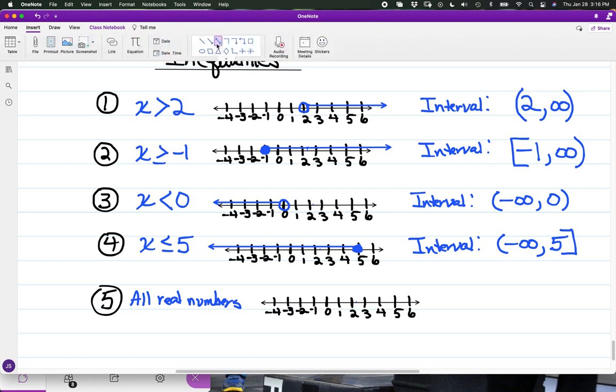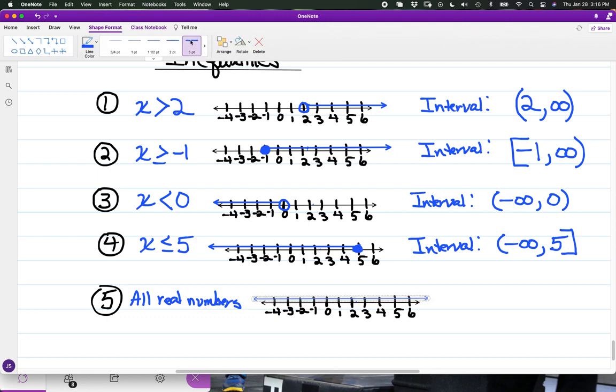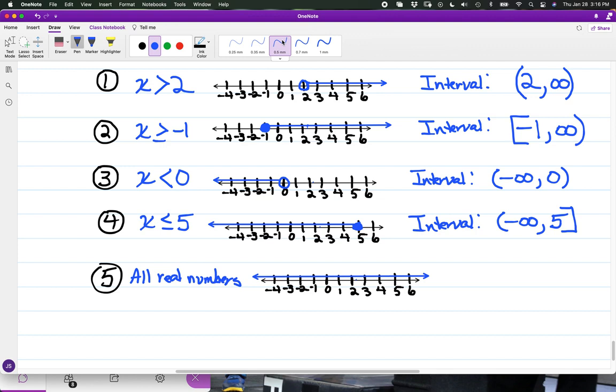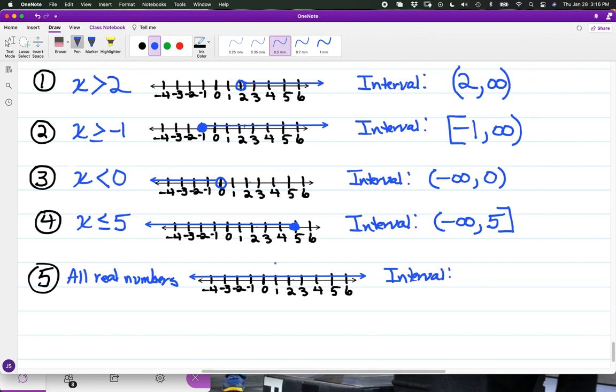You're looking at the irrational numbers, rational numbers, all the fractions, decimals, positives, and negatives, as well as zero. So everything is going to be boundless. For the interval notation of the set of all real numbers, to the left you have going endlessly to negative infinity, and to the right going endlessly out to positive infinity.